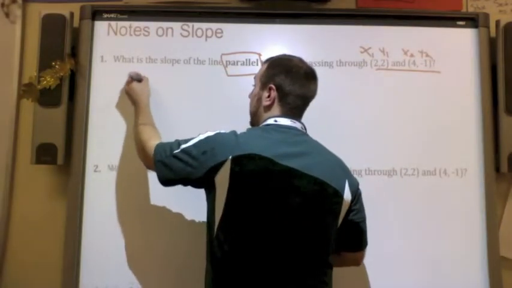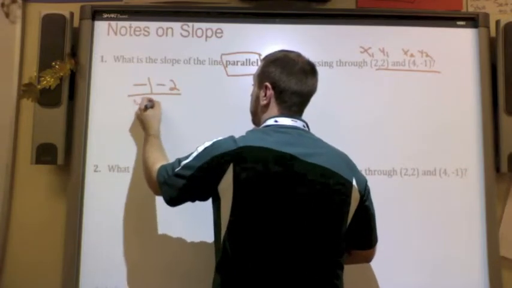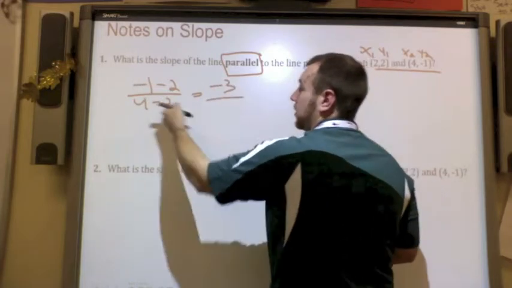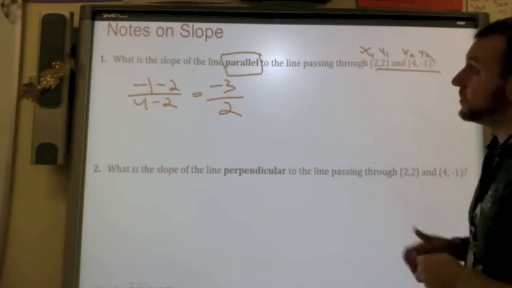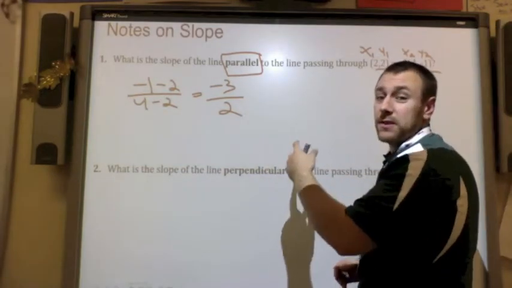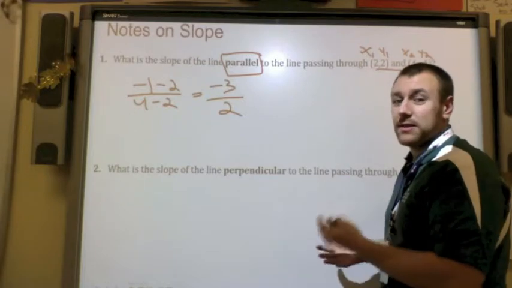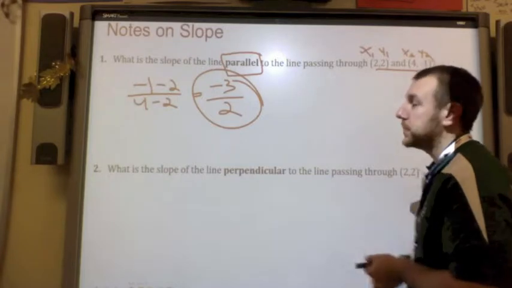I'm going to do negative 1 minus 2 over 4 minus 2. Negative 1 minus 2 is negative 3 over 2. That's the slope between these 2 points. Well, if I'm looking for the slope parallel to that, and I know parallel lines have the same slope, that is the slope I'm looking for.